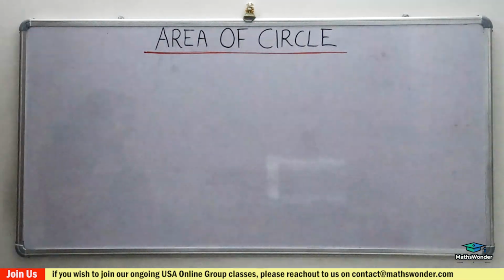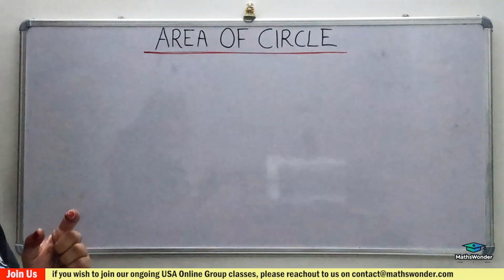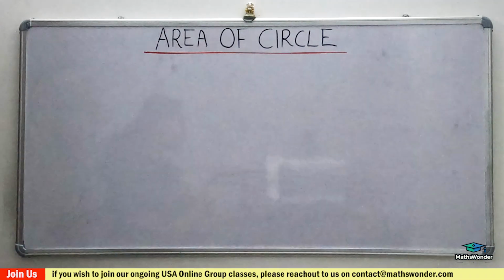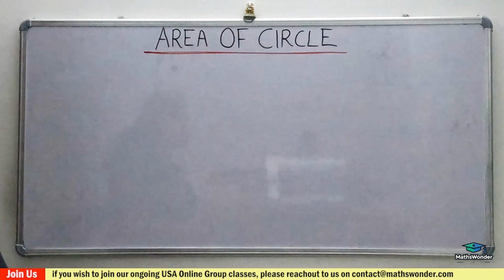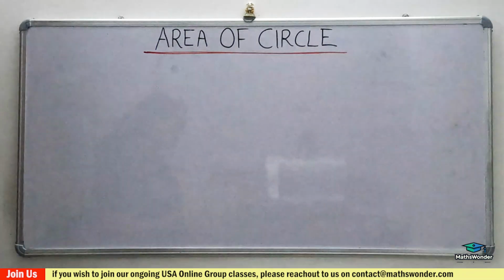How will you find how much fertilizer he should purchase? What will you find first? Area or circumference?